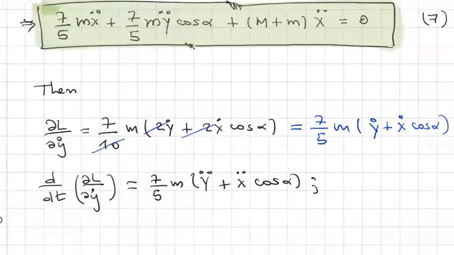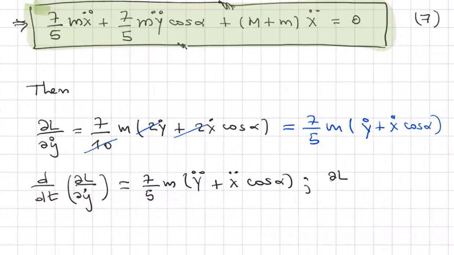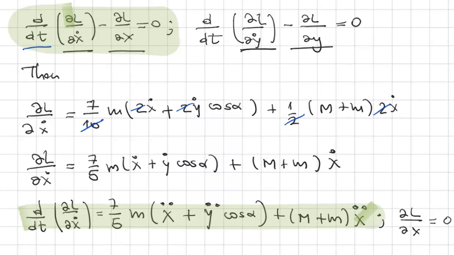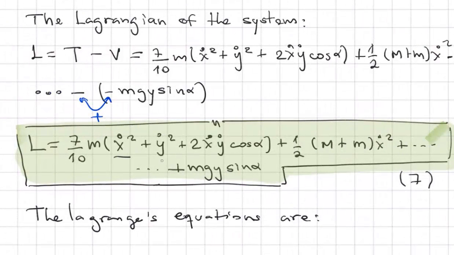So dL/dy is equal to, let's see the Lagrangian. All these terms, x dot, y dot, x dot squared, are zero when taking the derivative with respect to y.